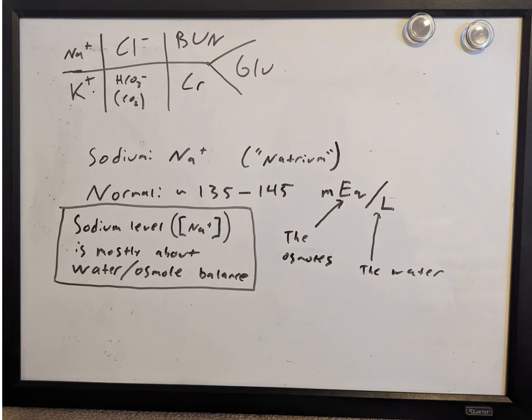So for that reason, the sodium level is essentially about the balance between osmoles and water, right? And so when you think about the serum sodium being abnormal, I want you to think about disorders of the balance of water or the balance between water and solute.